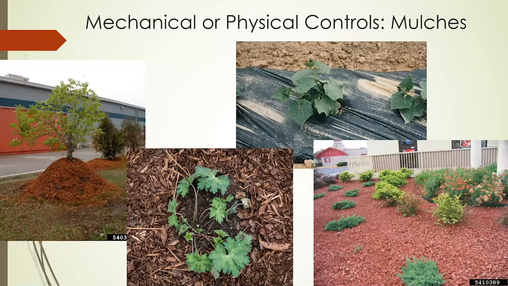So it doesn't prevent, it can help limit. And again, when you're adding mulch to an existing planting, you don't want to bury the root crown area. You don't want to do the pyramids here.